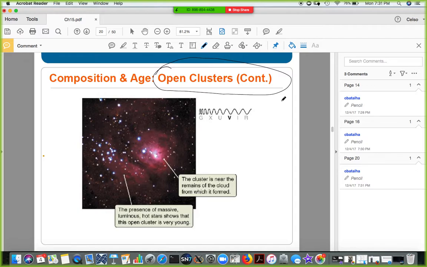Some astronomers think that our Sun was a member of an open cluster and now is an independent star, like kids, right? They are born in a house, they have mom and dad supporting them, and then next thing you know, when they become mature, they are out of there. They go conquer life. That's the human cycle.